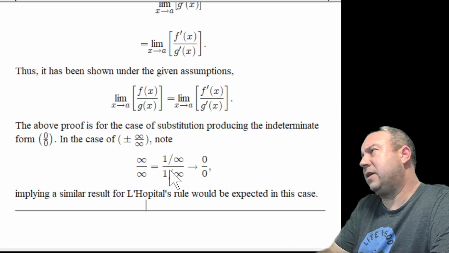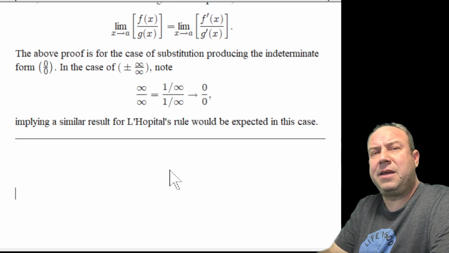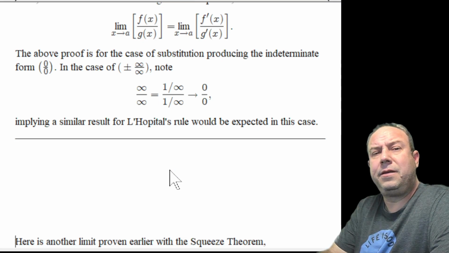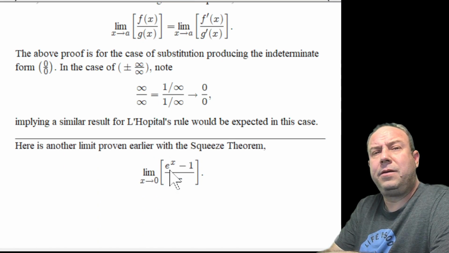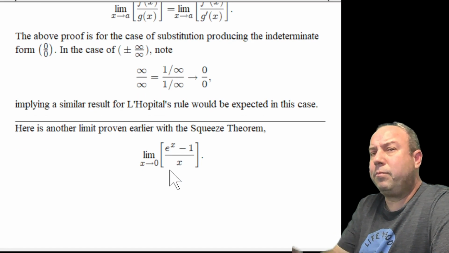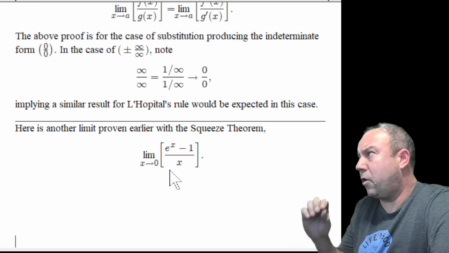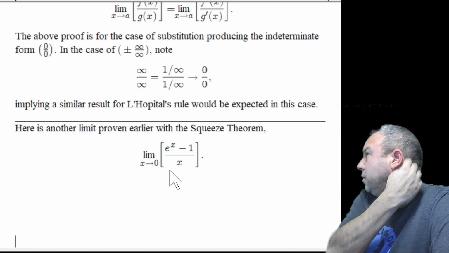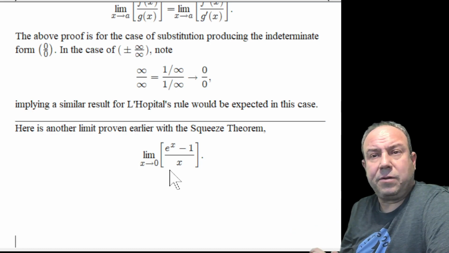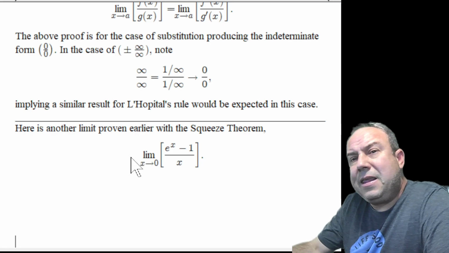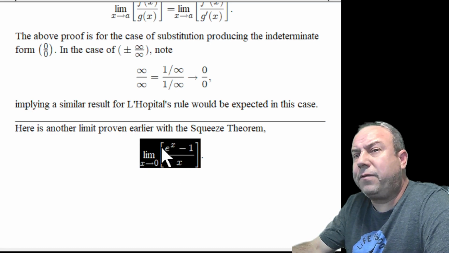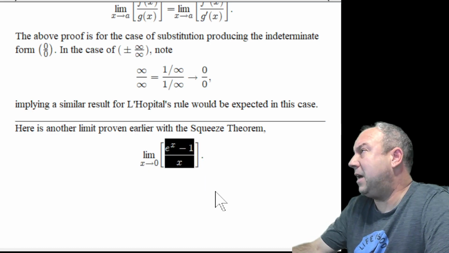Let's look at another quick example, and we'll come back in another video and look at some methods. Here's another limit that we proved earlier in our notes with a little bit of squeeze theorem: the limit as x approaches 0 of e to the x minus 1 divided by x.